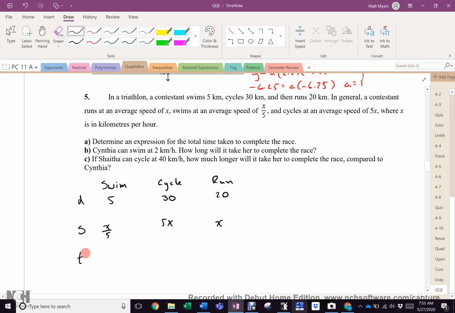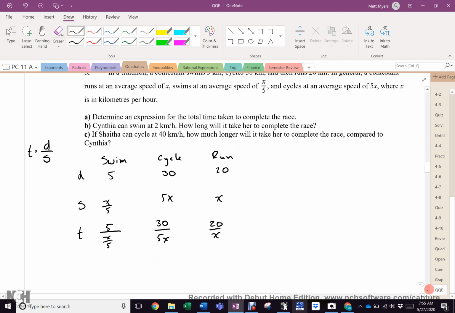And the time, we remember, time equals distance divided by speed. So her time is 5 divided by x over 5, 30 divided by 5x, and 20 divided by x.